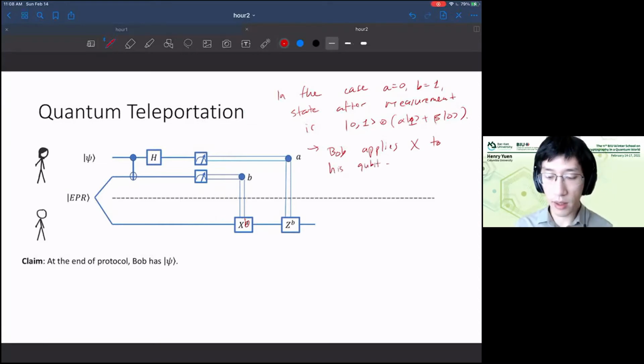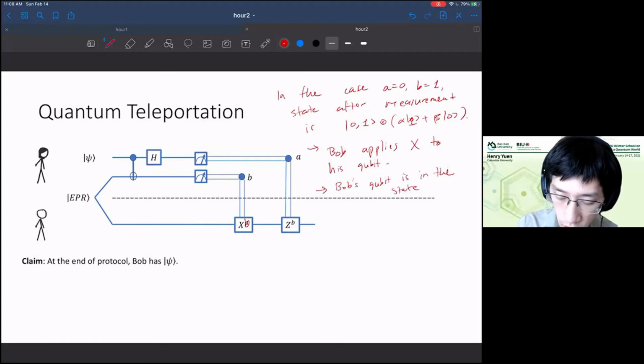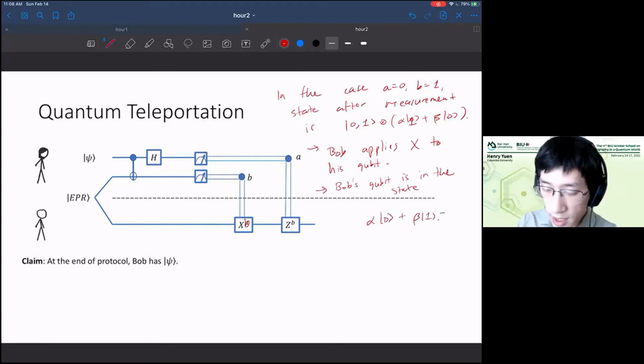And remember that this bit flip operator switches 0 and 1, which is exactly what we wanted. Bob's qubit is in the state alpha 0 plus beta 1, right? Which is exactly the qubit that Alice wanted to send.